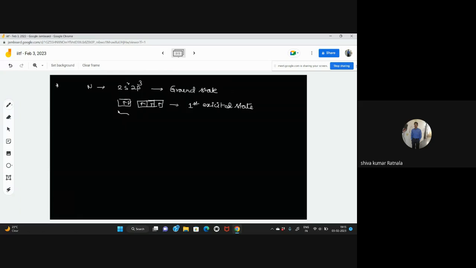Now these all will undergo hybridization to form sp3. In the sp3 hybridization of nitrogen, this electron will form a bond with one hydrogen atom, this electron with one more hydrogen, and this electron with one more hydrogen.